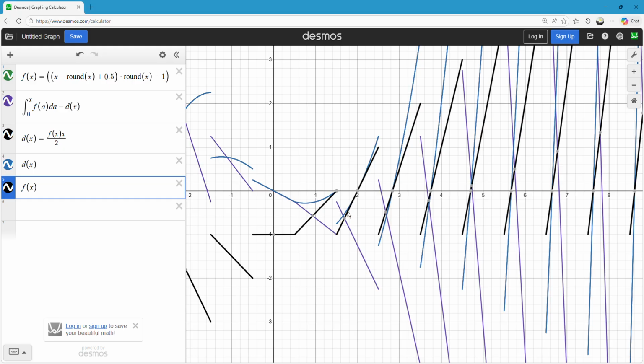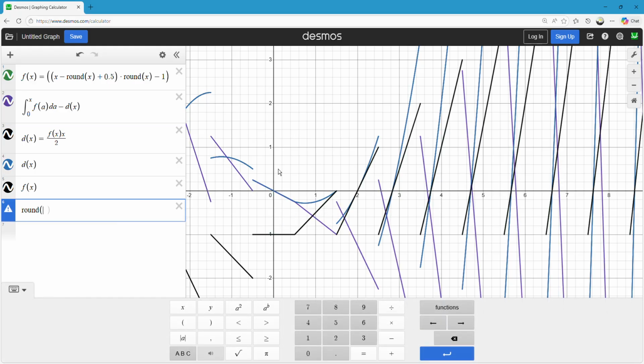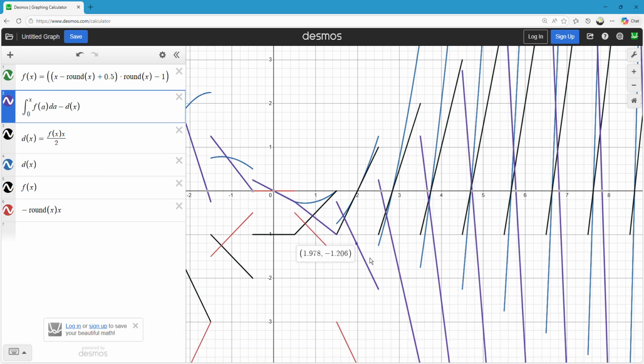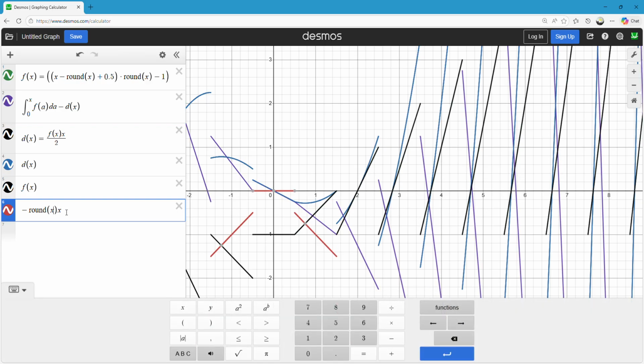How did I figure this out? Is a different question. So this is clearly some round of x, or it looks a bit like negative round of x. Because it's piecewise, but it's also not going on a slope. Is it x squared?